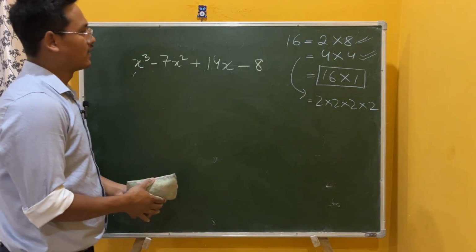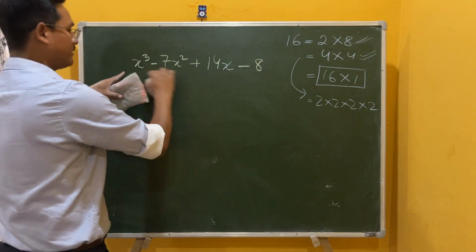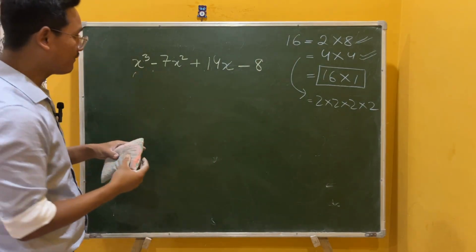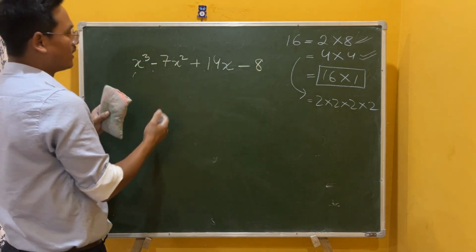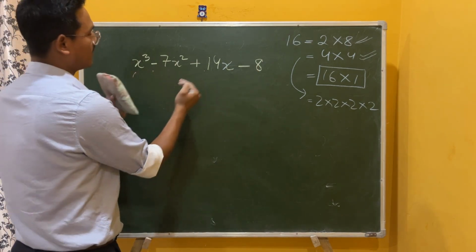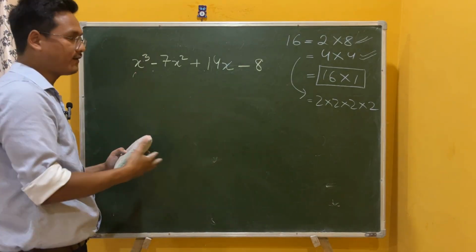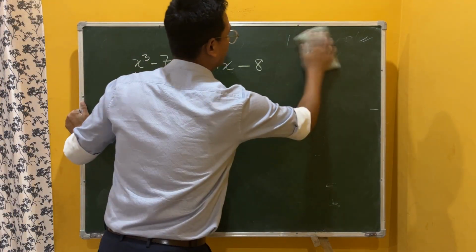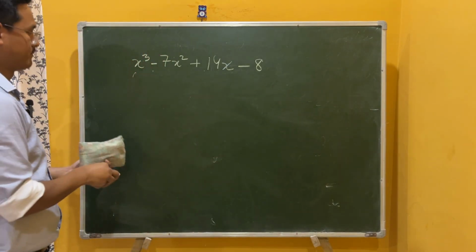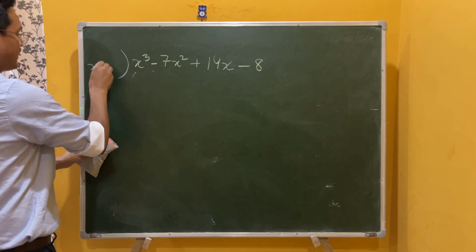So likewise, instead of 16 we have an expression. You'll have to show that this expression is also a product of something into something into something. Like it can be a product of 3 factors, a product of 2 factors. So we found one, so that is x minus 1.